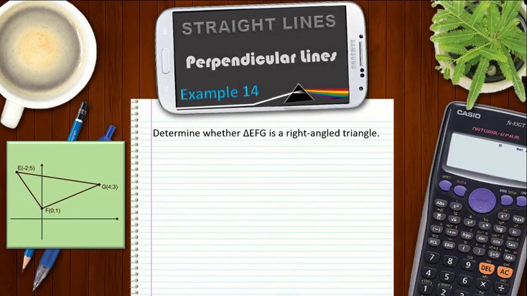So example 14, determine whether triangle EFG is a right-angled triangle. So here we have this triangle, and how are we going to find out if it is a right-angled triangle?